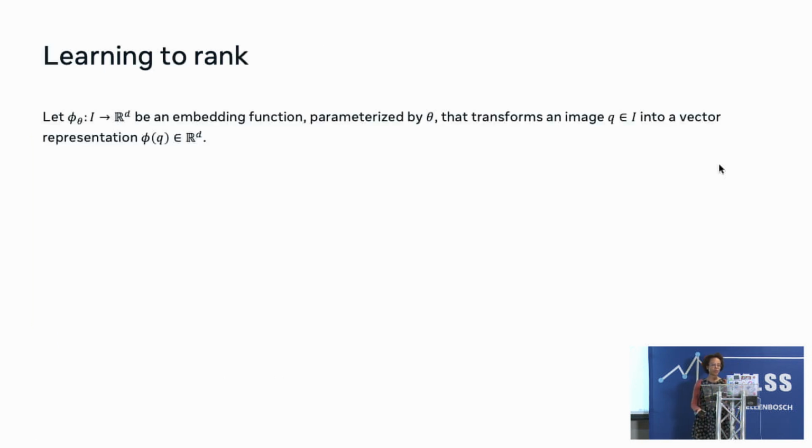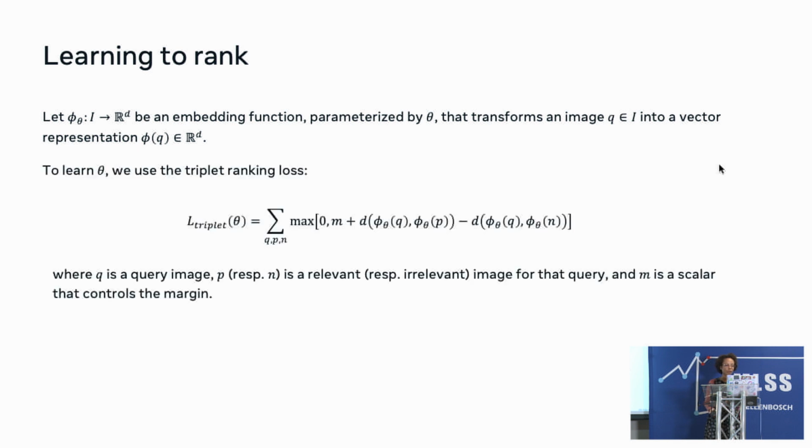So once we have these triplets, what do we do? We're going to use a triplet ranking loss. I would consider it a flavor of a contrastive learning loss. What it's doing, if you look, is computing the distance between my query image and my positive image. That's the first item there in the distance.